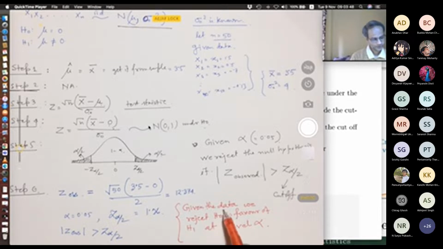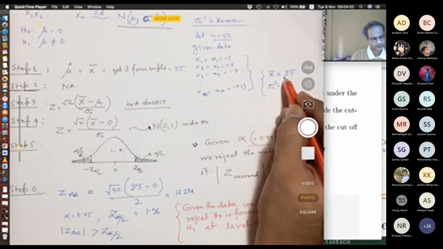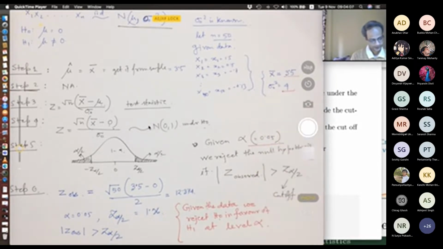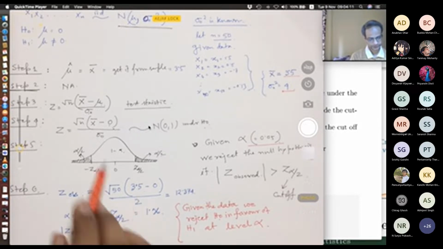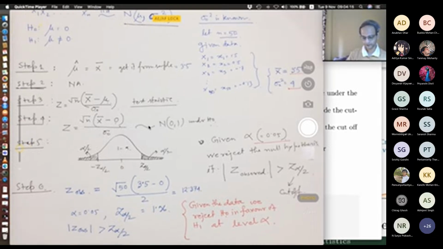That we reject the null hypothesis in favor of alternative H1 at level alpha. Okay. Alpha, whatever you have chosen. This is the data specified, this is the parameter specified. So, any query, any doubt within this procedure?